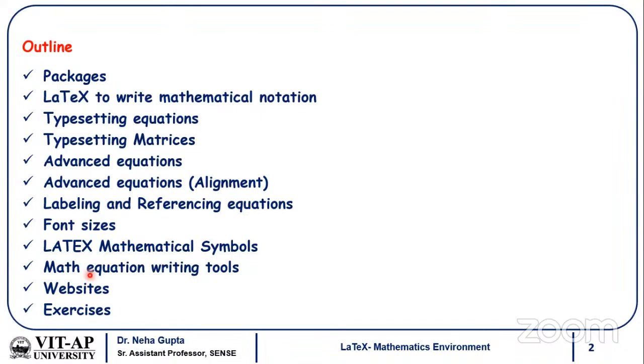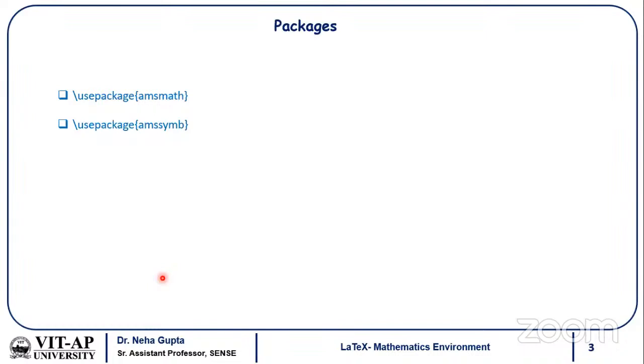In that we can write easily, and that can be copied and pasted into Overleaf. It means it is going to directly give you the code of the equation. So that is also the most important part of today's presentation. I'll show you that tool also, and at the end, the website from where we are covering the things, I'll show you that.